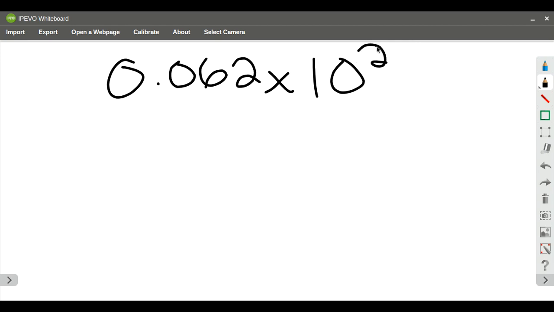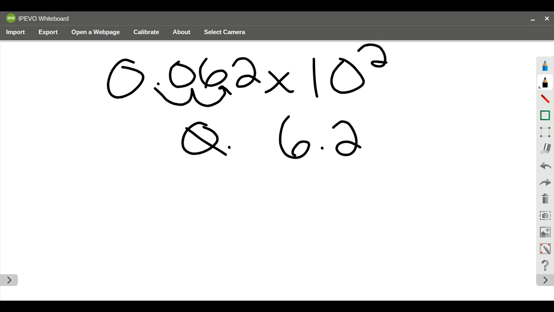So my exponent tells me to move it over 2. So I'm going to move it over 2. I'm going to go 1, 2, and my new value is going to be 0, and oh no, it's not going to be 0 because I got rid of both of those. It's just going to be 6 and 2 tenths is what my new value is going to be.